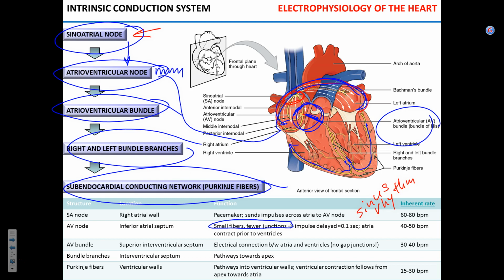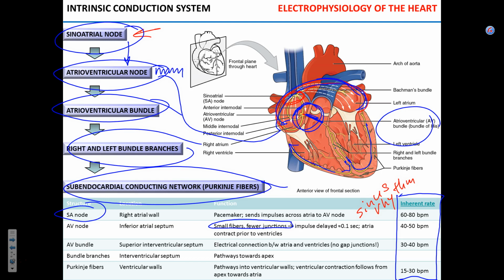Now, look at this column on the right with inherent rates. The SA node is a setting pacemaker with an inherent rate of, well, normally your heart rate is 60 to 80, right?